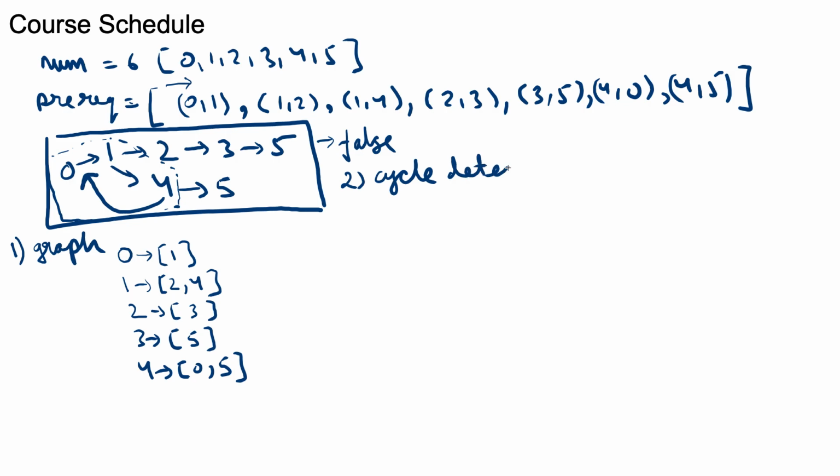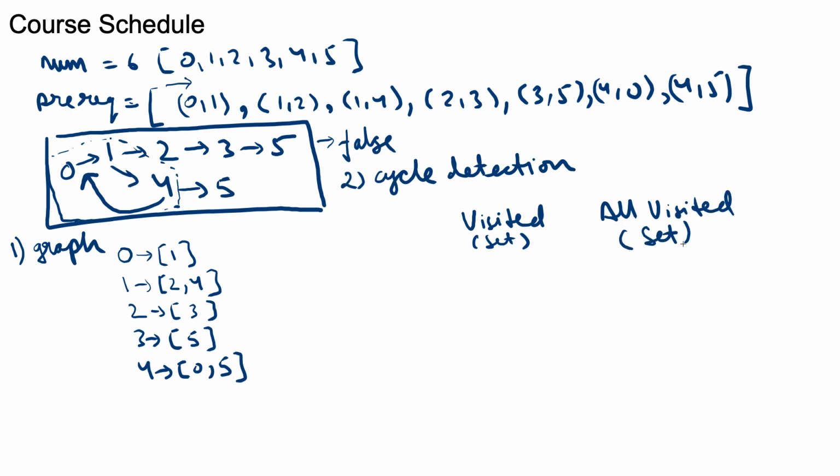So this is our map, and now we will start with the second step, which is cycle detection. So for this, as we discussed, we will have two sets. One is visited and the other one is all visited, and we'll start going through the keys of the graph, which are nothing but the course IDs.